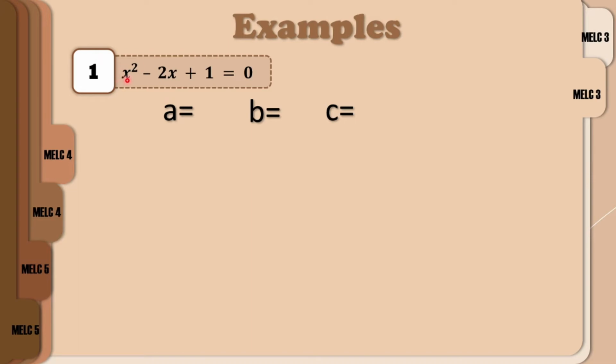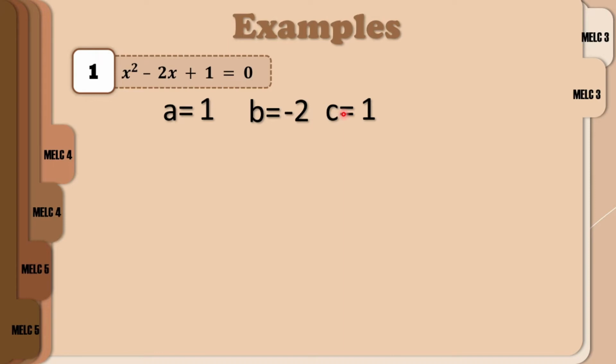So the value of a is the coefficient of our quadratic term, which is 1. Our b will be located doon sa ating linear term, which is negative 2x, then the coefficient is negative 2. And our c is our constant term, and our constant term is 1, so the value of c is positive 1.